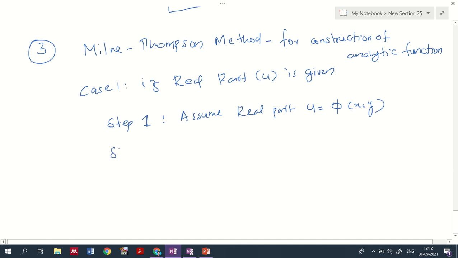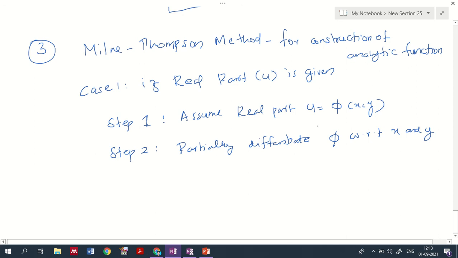And step 2 is that we partially differentiate phi with respect to x and y. Here we are only talking about Cartesian coordinates, that's why x and y are used.